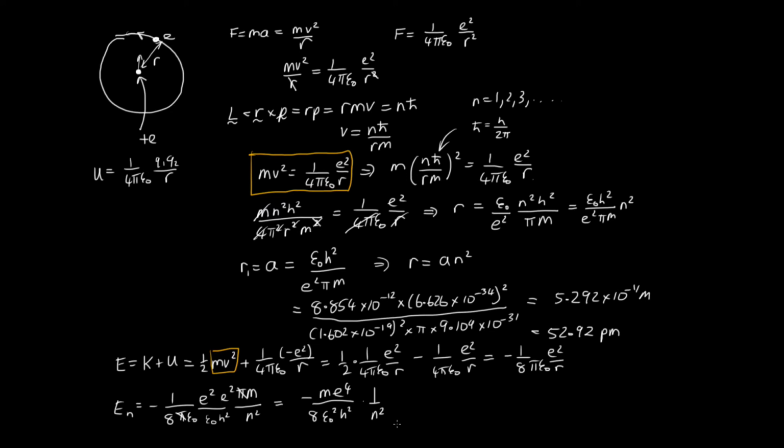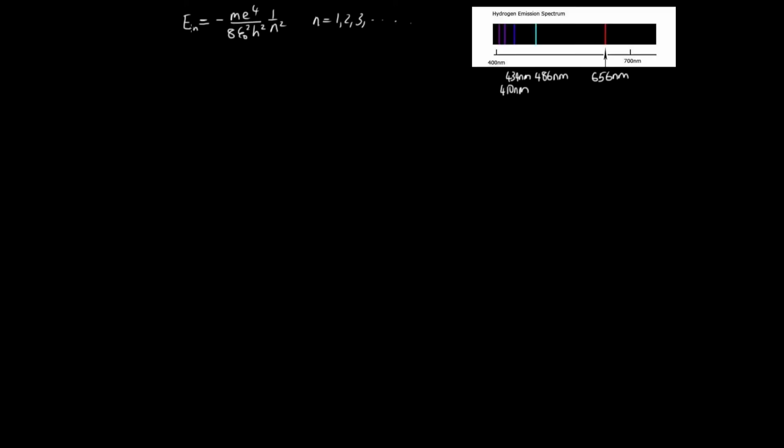Okay, so up here I've written our energy expression that we just derived, and here I've pasted a copy of our hydrogen emission spectrum. So this red line here is at 656 nanometers, and I've tried to write the wavelengths of the other lines down here. Okay, so let's start by calculating the energy of the ground state.